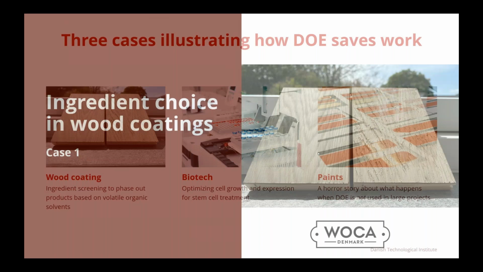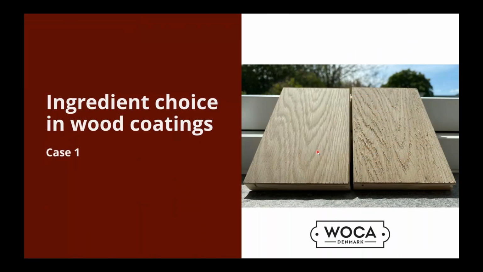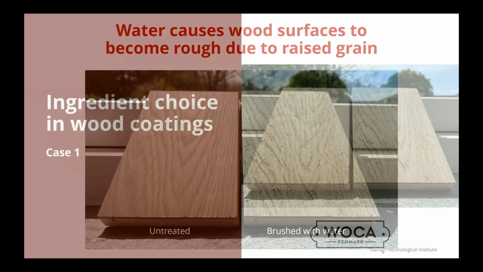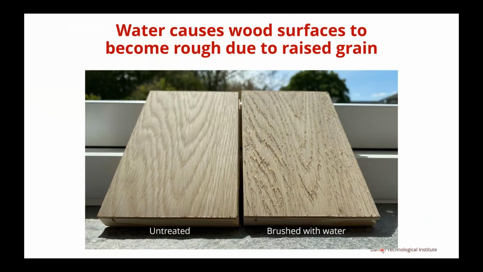So let's start out with wood coatings and finding out the right ingredients to put in wood coatings. This is from a project with the Danish company Voka. They make wood care products for furniture and floors. And the reason we worked with them in a project was that they wanted to transition away from wood treatment that relied on organic solvents that are not very healthy and have a big environmental footprint, and instead make water-based products.